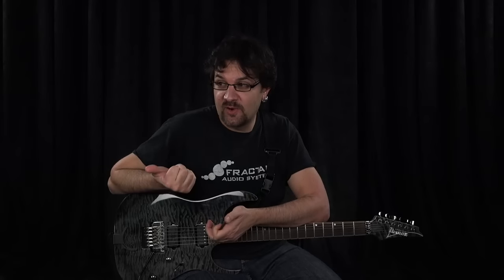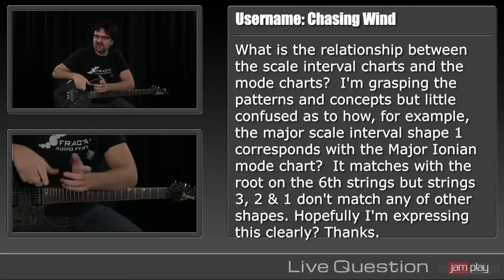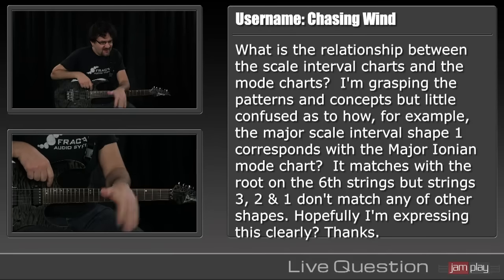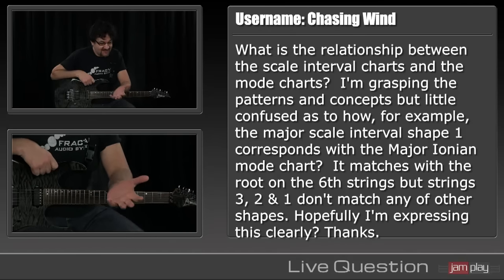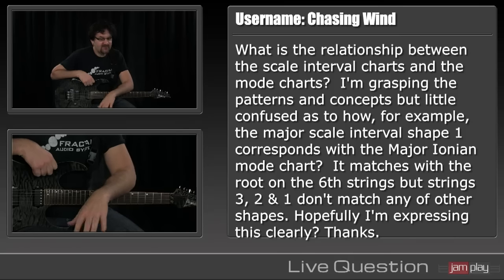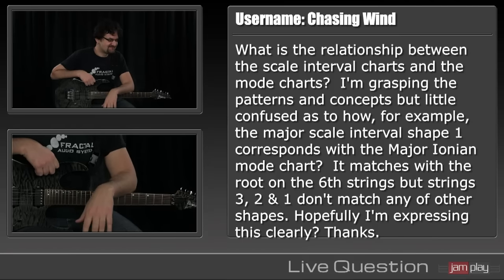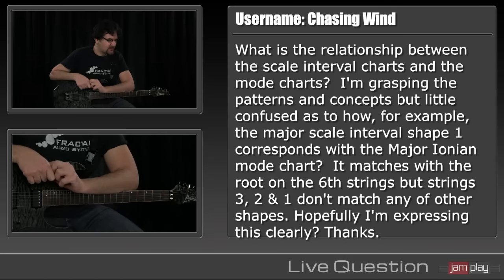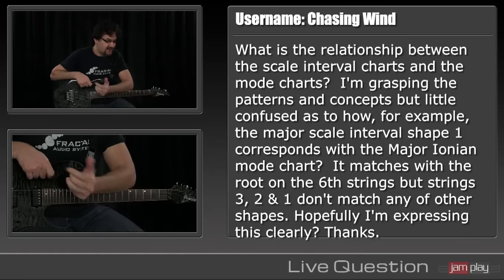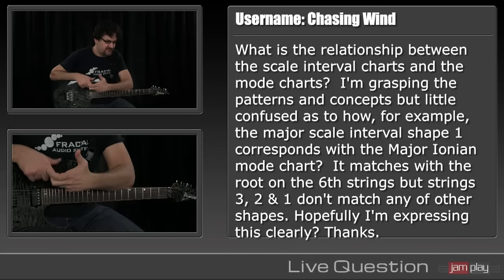But before we go into this lesson, we did get a question, and I want to cover that really quick. It's a long text, but I'll read it for you. Maybe it'll help you get something out of this. What is the relationship between the scale interval chart and the mode chart?